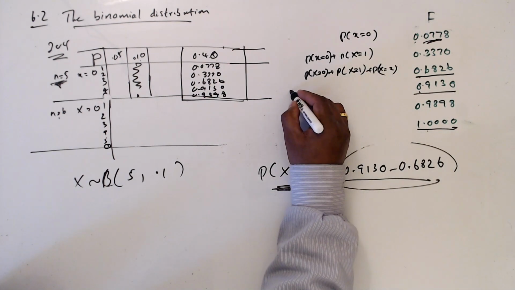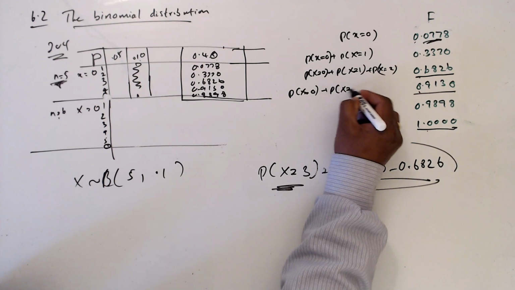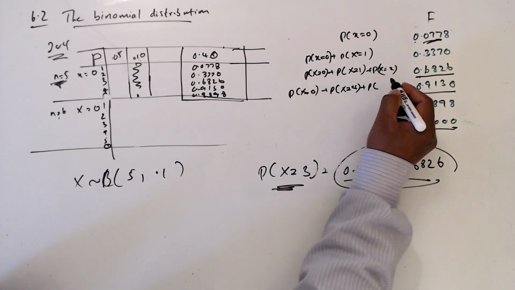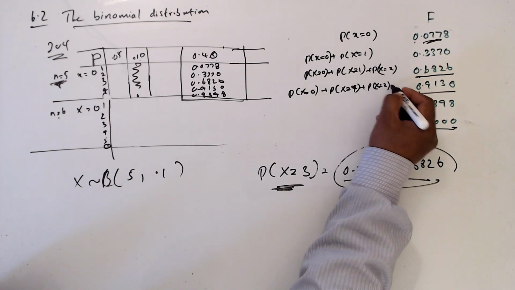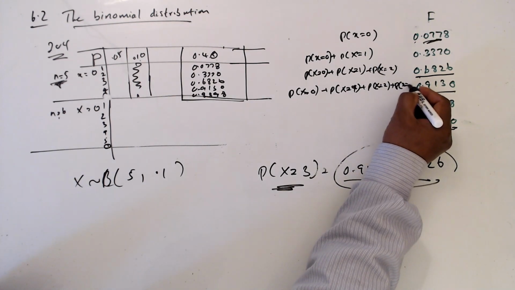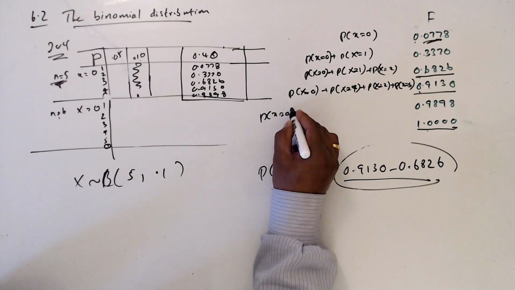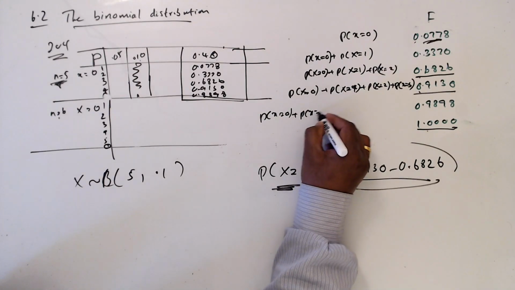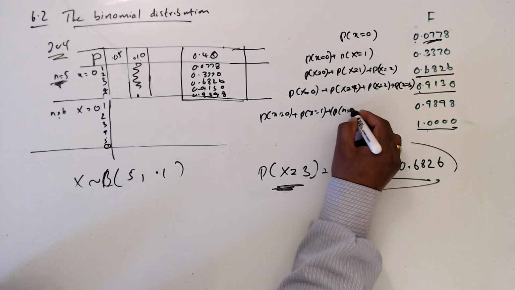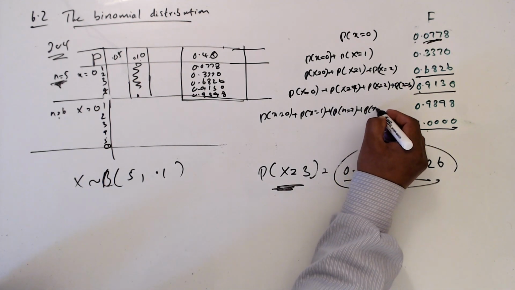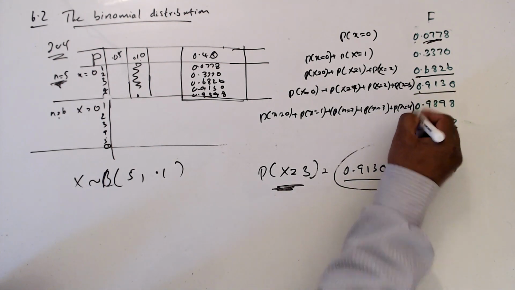This one is x equals 0, 1, 2, and 3, and this is up to probability of x equal 4.